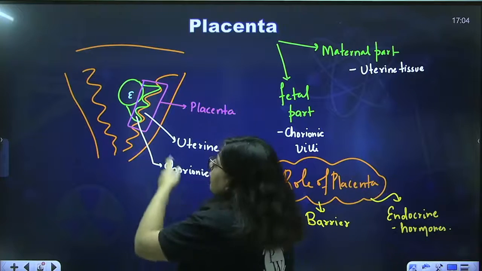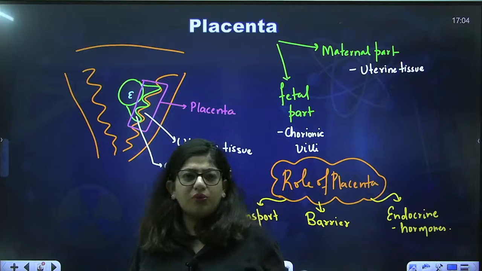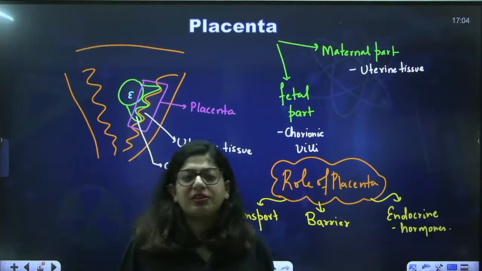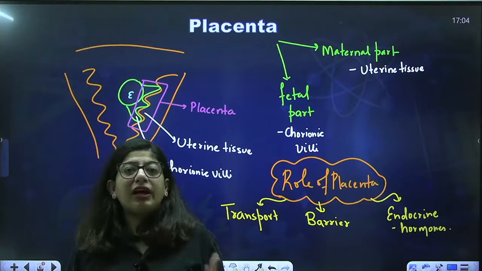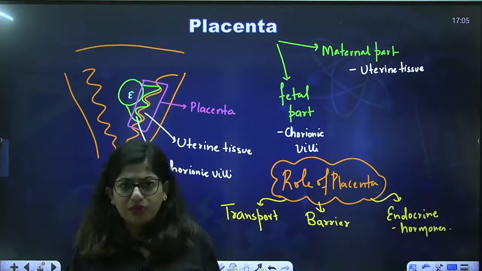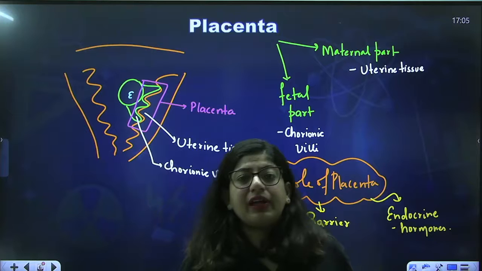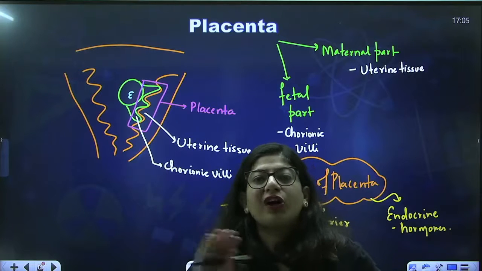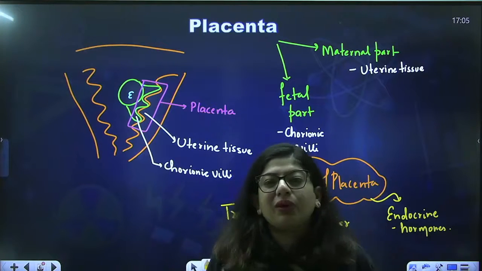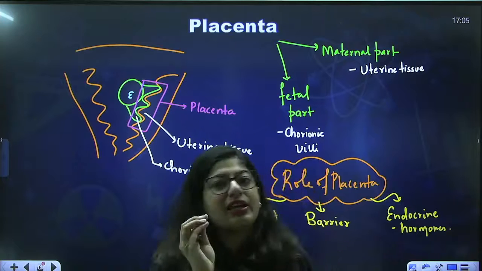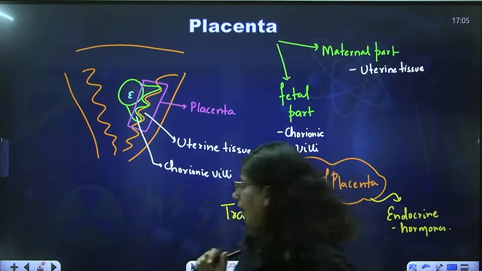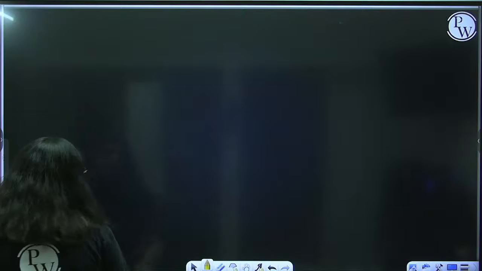Now this is the early embryonic stage where the germ layers have formed and this is how placenta looks like. But after around 3 to 4 weeks, when the fetus has formed some of its organs, it is no longer known as embryo, it has become fetus because it has grown its organs. Now how will the placenta be present?